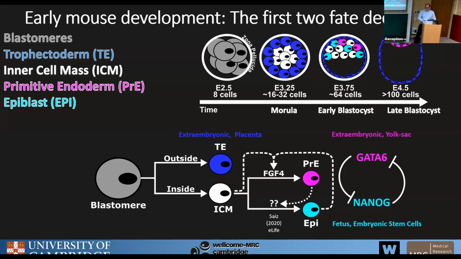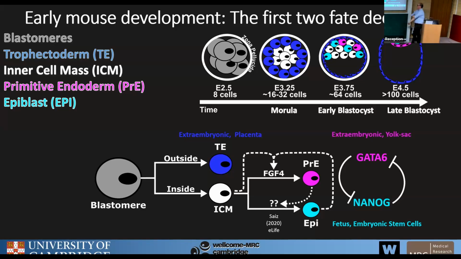But why don't all of the cells of the ICM just become primitive endoderm, right? So there's something a bit more complex happening there than just a simple diffusible morphogen. It's actually to get a ratio. So very much so. That's what I'm going to go into with the modeling that we're going to do.